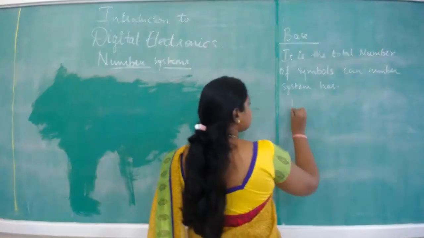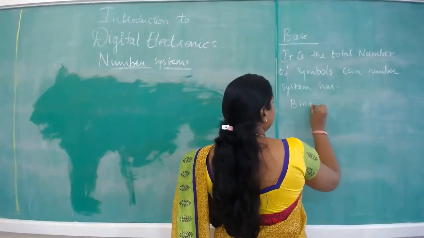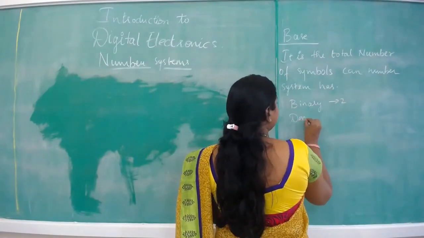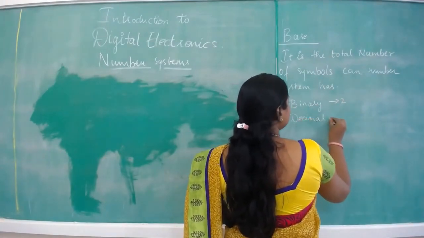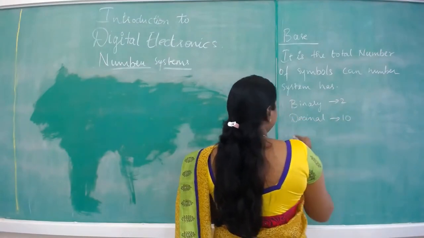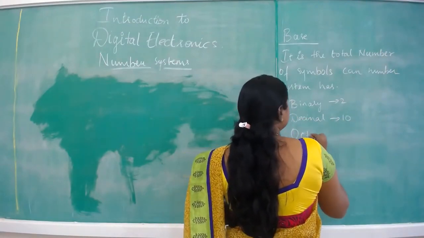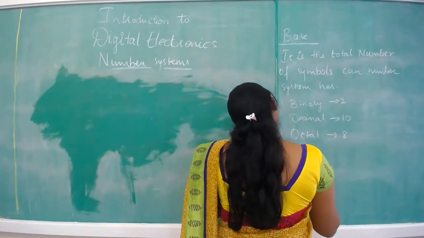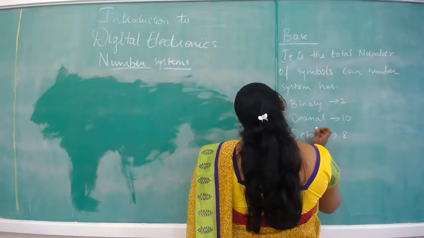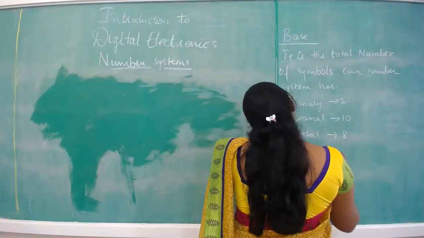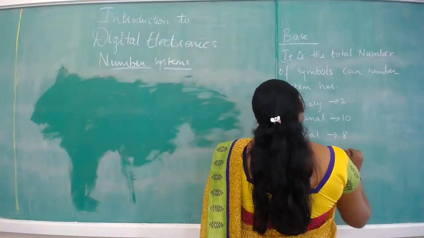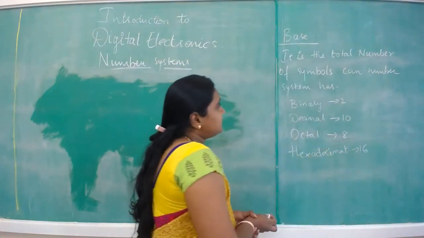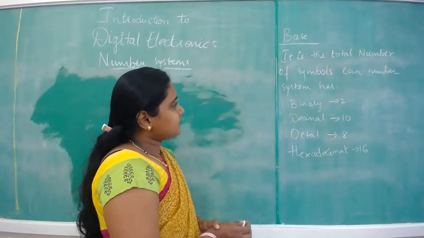So I will write the number systems. For binary, how many is it having? 2. Decimal, how many is it having? 10. Octal, 8. Whereas hexadecimal, 16.